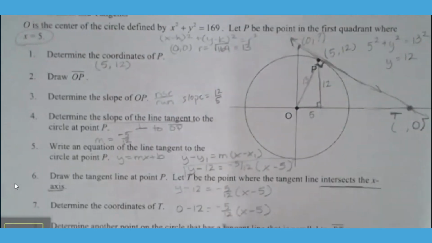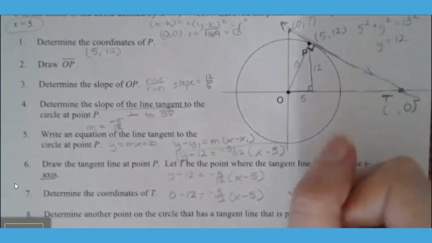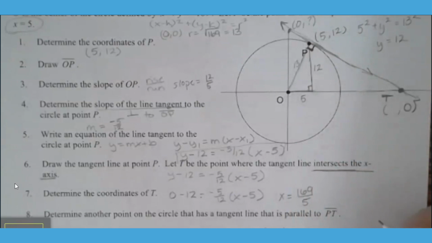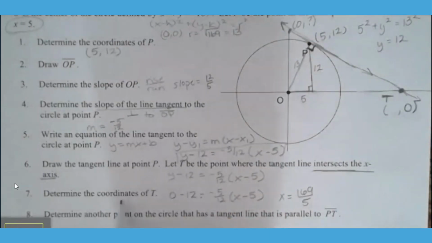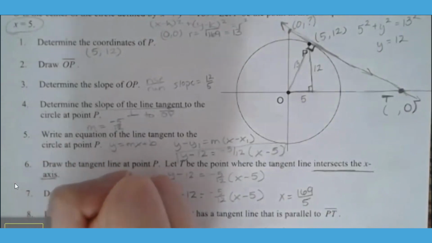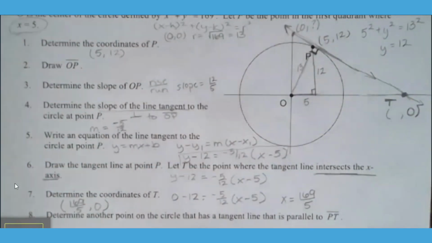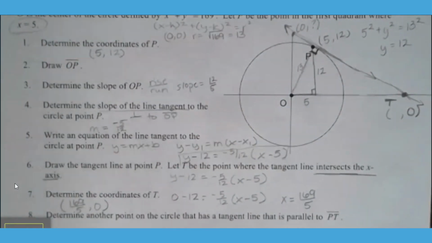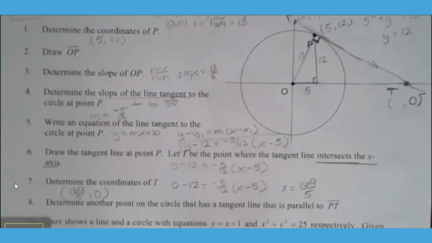And now we have x as the only variable in our equation, so we are able to do some rearranging and solve for x to get that x must in fact be equal to 169/5. They wanted the coordinates of T, so those coordinates are going to be an x value of 169/5 and 0. Again, spiraling in information of being able to find multiple things within the stem of one question.